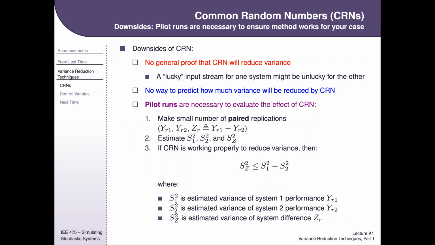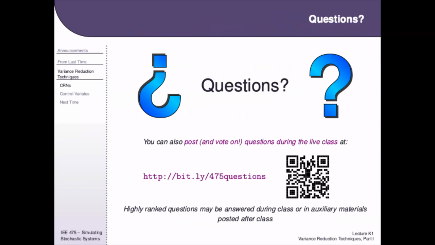Most of the time you will get an improvement, but if your systems aren't really properly correlated, so something that's difficult for one system is easy for another and vice versa, then CRNs aren't going to work for you. So you kind of do need to do a little bit of a pilot study with CRNs.